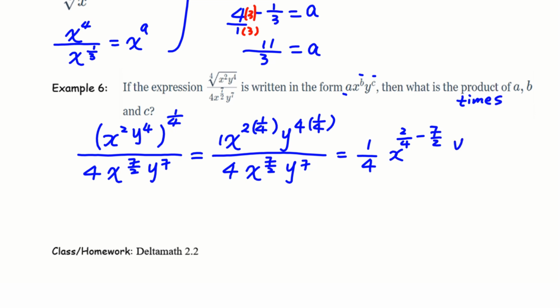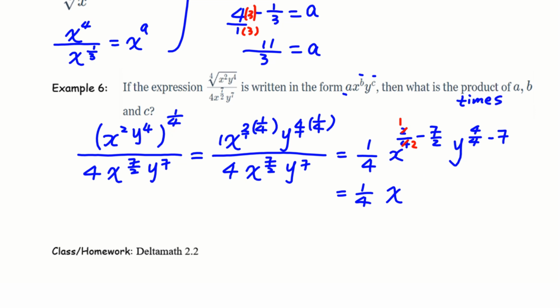Then y to the exponent, subtraction: 4 times 1 divided by 1 times 4, then take away 7. So we simplify it: 1/4 x to the exponent, and we can cancel the common factor 2, so we have 1/2 subtract 7/2.